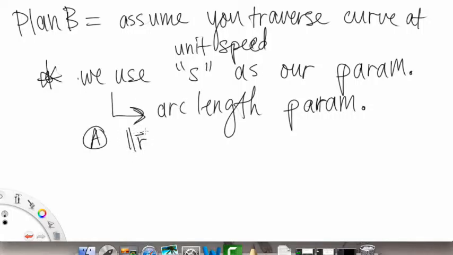That means the magnitude of r prime of s is equal to 1, and along with that we used s as our parameter variable. So that's our arc length parameter.